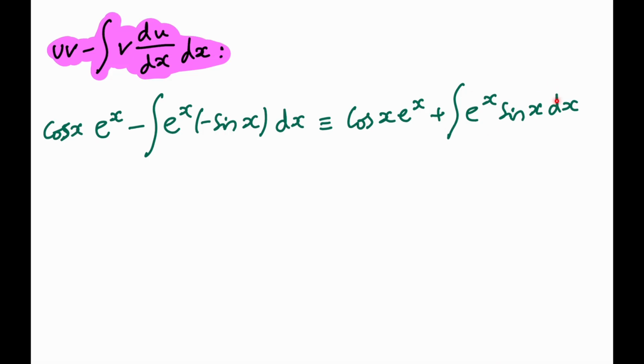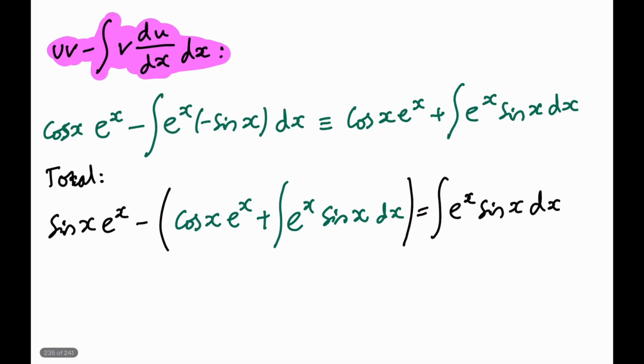However, this looks very similar to the question that we had. So the total integration for the question that they gave us, which was this, is the sine x e to the x minus this new integration that we found, which was the cos x e to the x plus the integral of e to the x sine x dx.